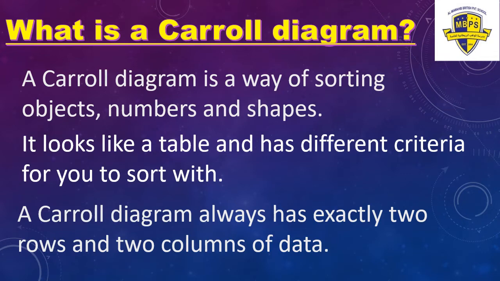A Carroll diagram looks like a table and has different criteria for you to sort. It is in the form of a table, and a Carroll diagram always has exactly 2 rows and 2 columns of data. So this is all about the Carroll diagram. On the next slide, we are going to learn how to solve the questions related to the Carroll diagram.